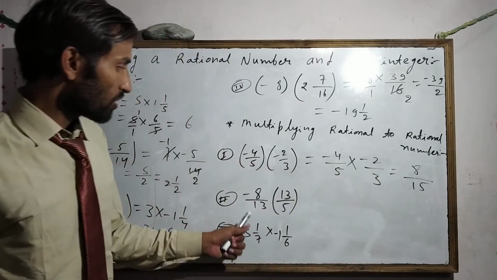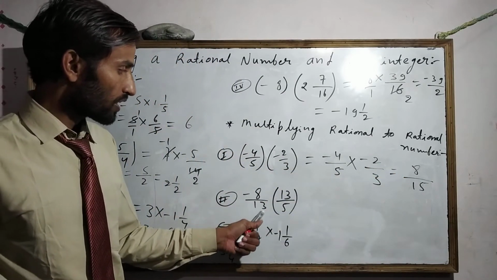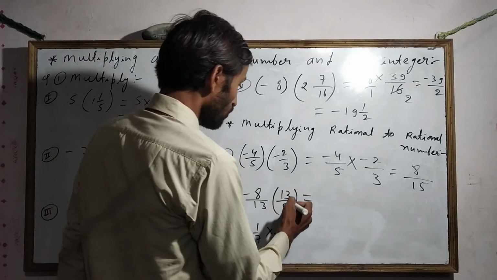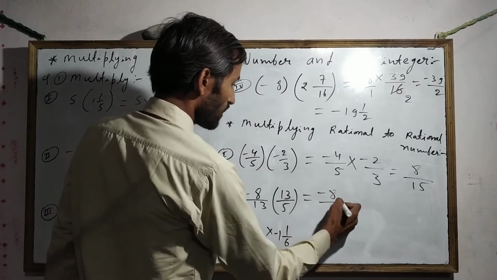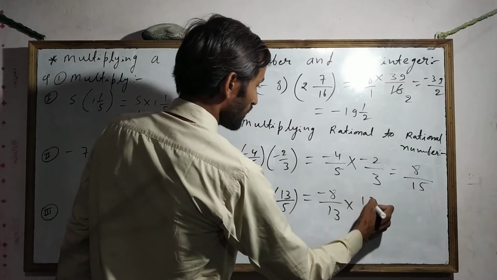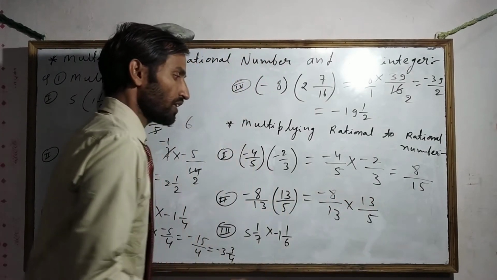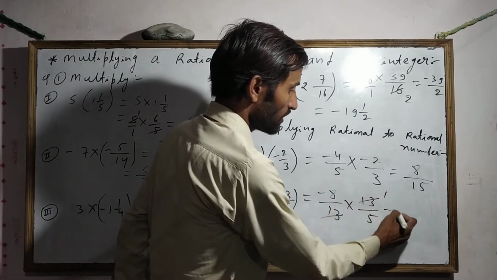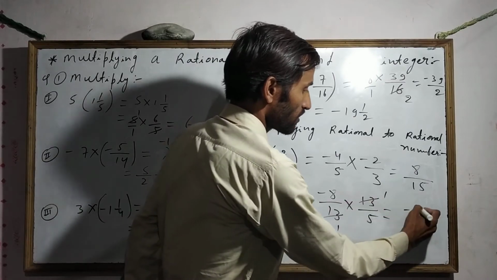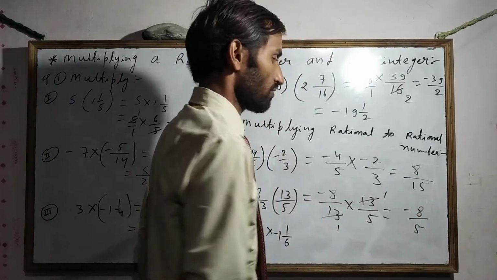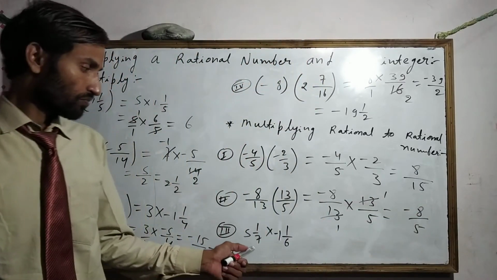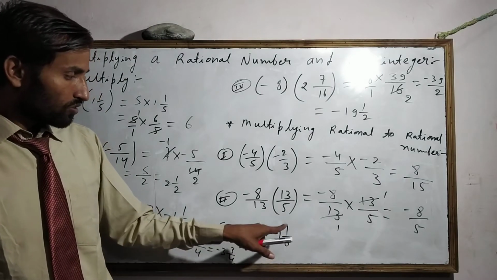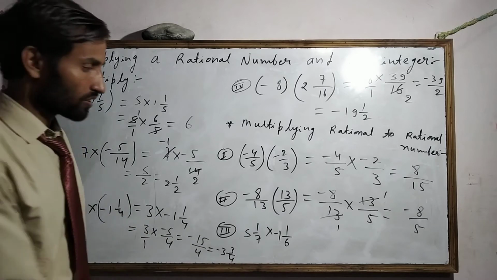Next one, minus 8 upon 13 times 13 upon 5. First remove the small bracket: minus 8 upon 13 into 13 upon 5. After that we have to cancel out. 13 1 is 13, and then multiply: minus 8 upon 5 is the answer. Next one, this one is a mixed fraction and this one is also a mixed fraction. First of all remove both mixed fractions.